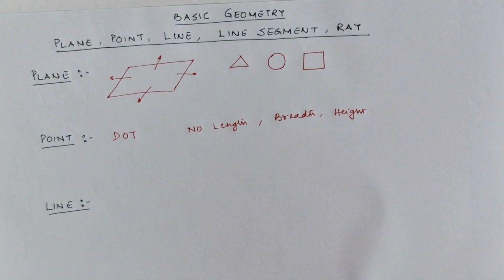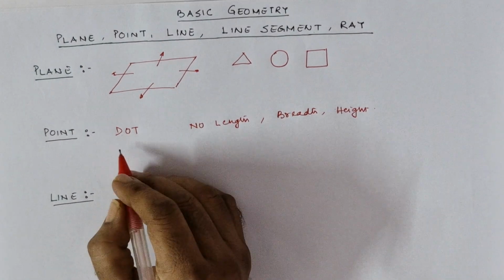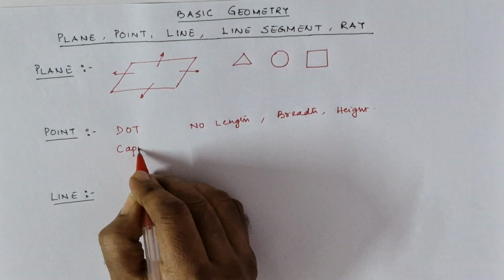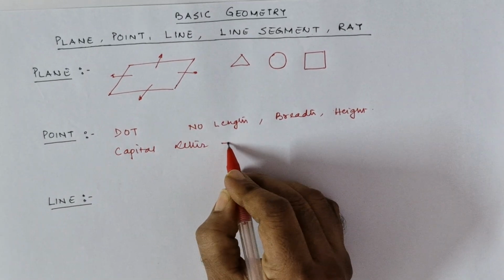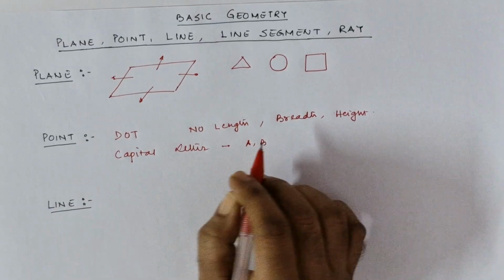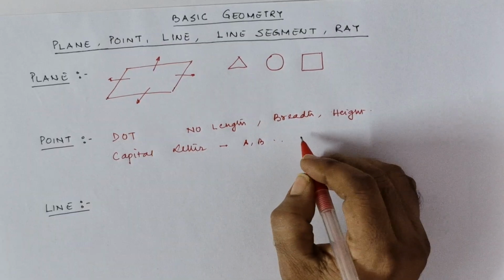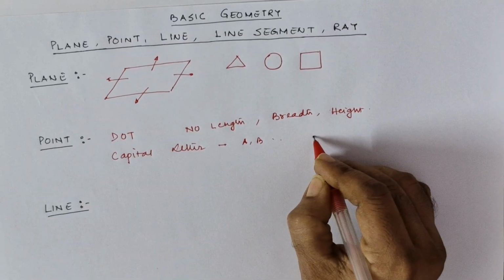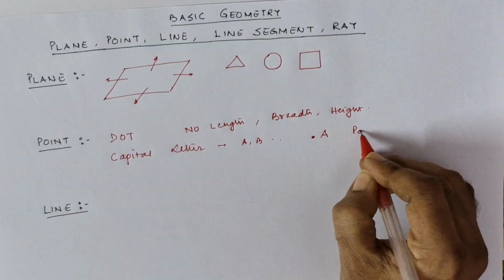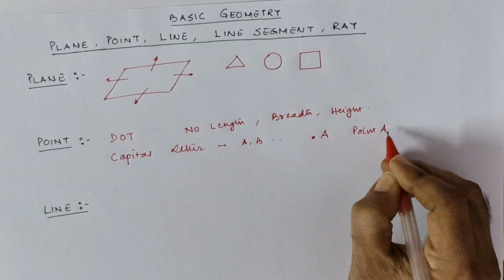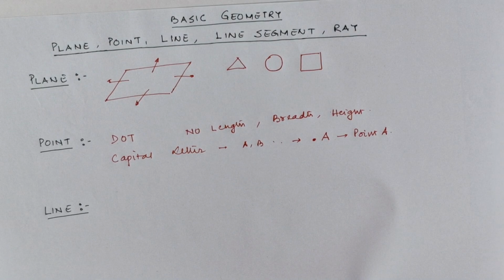It is represented by a dot and a capital letter, for example A, maybe B. So for example, this is a dot, I can name it A, so I can call it point A. So a point is a dot on a surface.